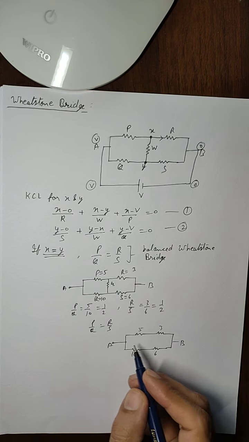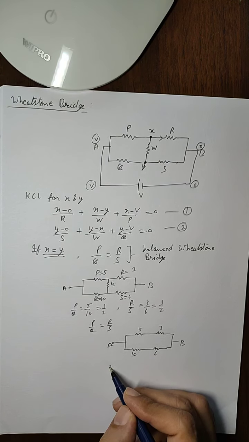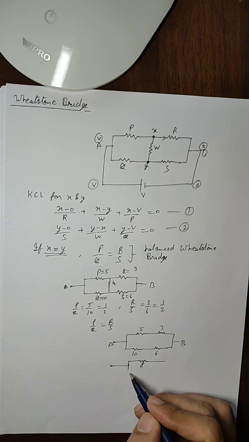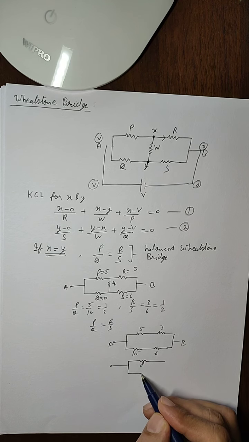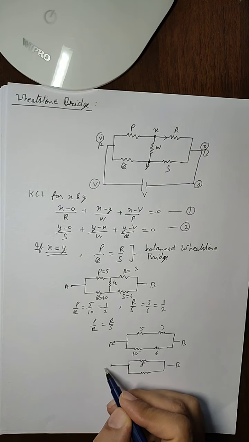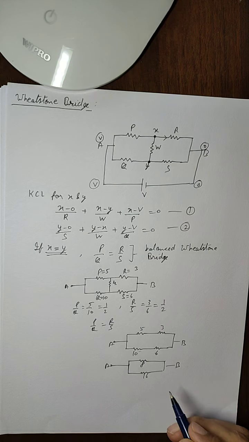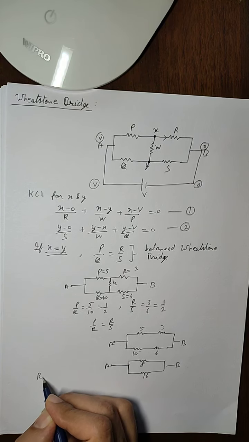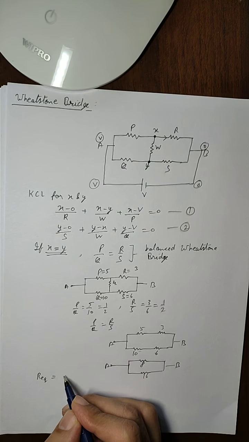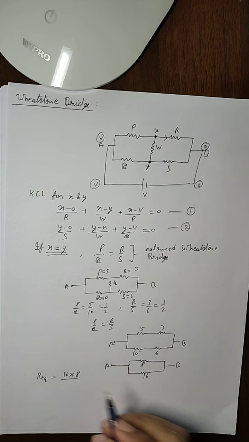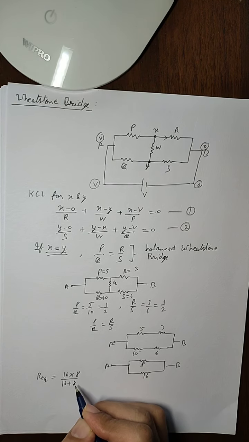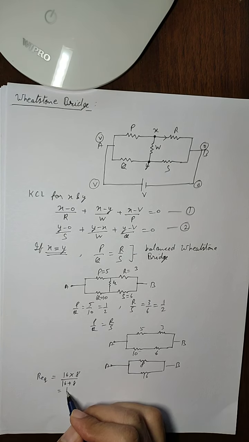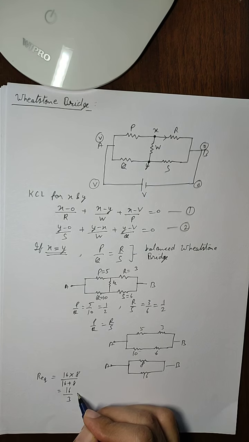The equivalent resistance of 5 and 3 will be 8 ohms, and of this branch it will be 16 ohms, and both of them are in parallel to each other. So the equivalent resistance of this circuit can be found by 16 into 8 divided by 16 plus 8. This will come out to be 16 by 3 ohms.